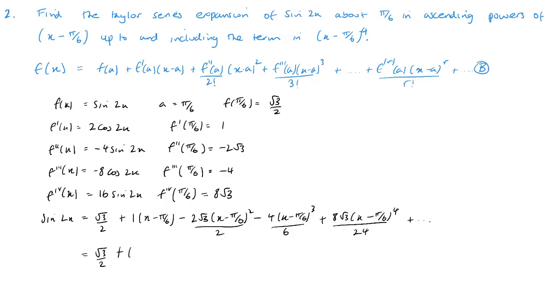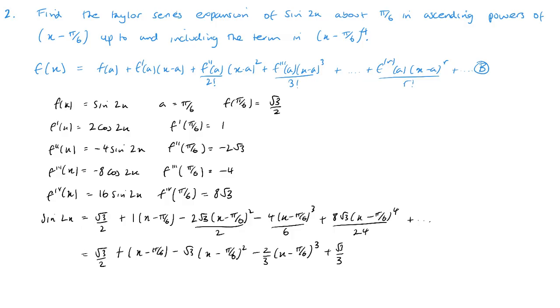So we've got root 3 over 2 plus x minus pi by 6 minus root 3 x minus pi by 6 squared minus 2/3 x minus pi by 6 cubed plus, sorry, it's not 1/3, it's root 3, isn't it?